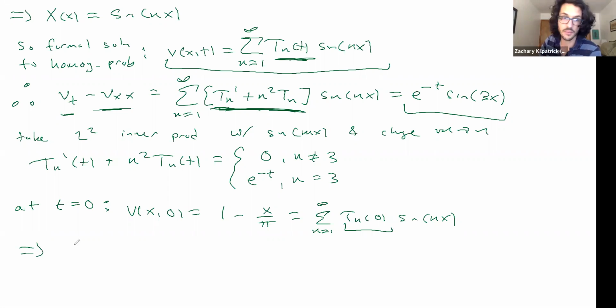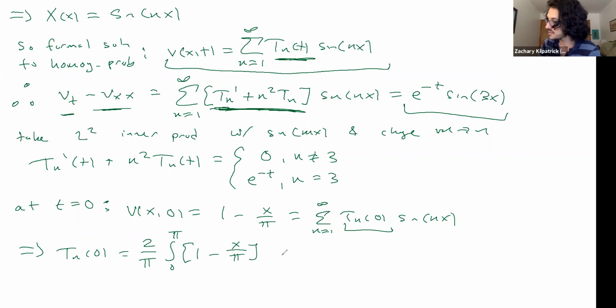So this implies that Tn of 0, and this is what Caleb was asking about, is 2 over pi times the integral from 0 to pi of 1 minus x over pi times sine of nx dx. You can carry out the integration by parts and you get 2 over n pi.